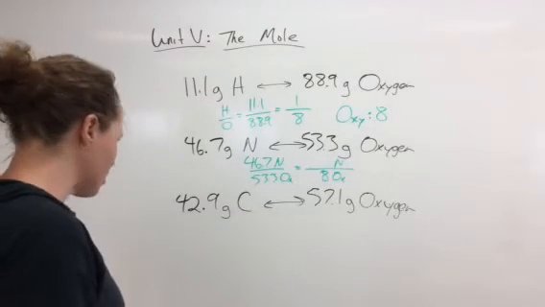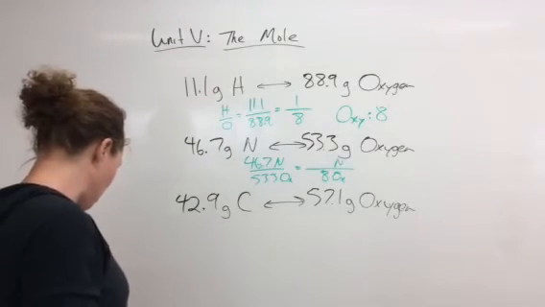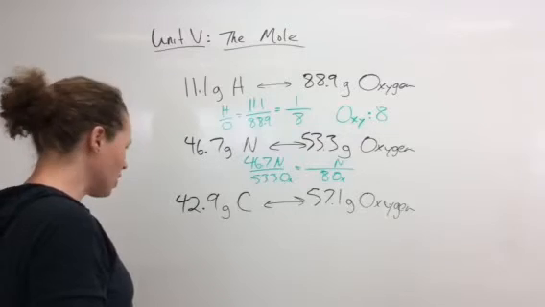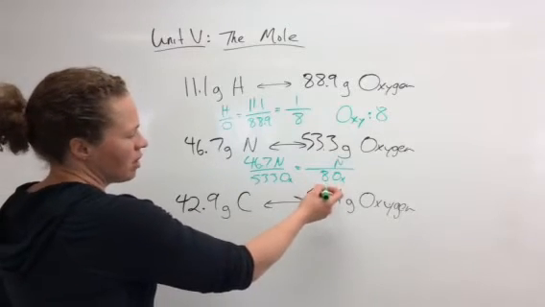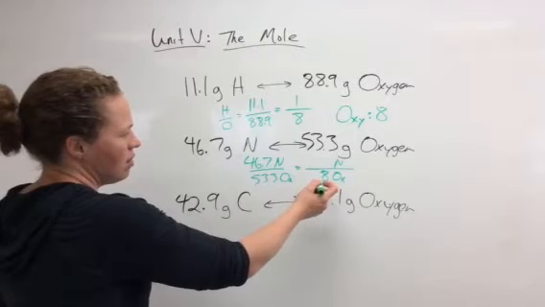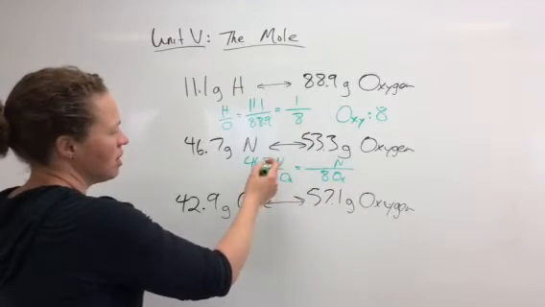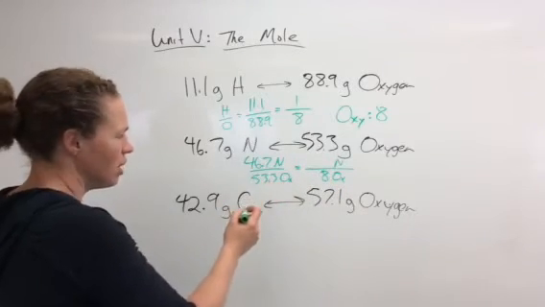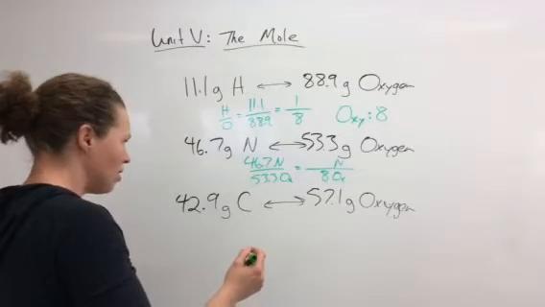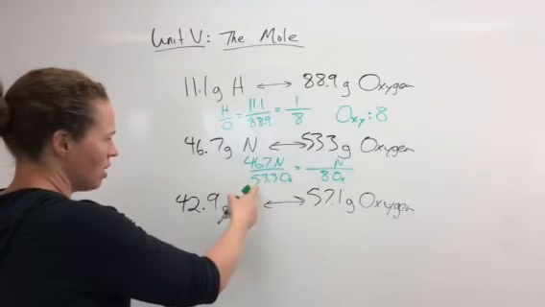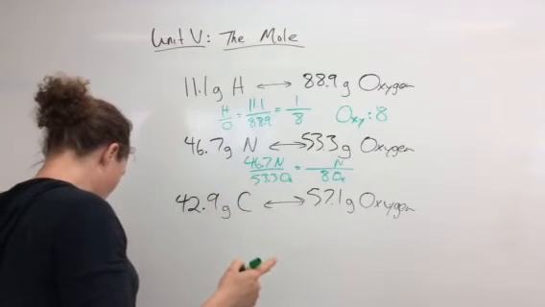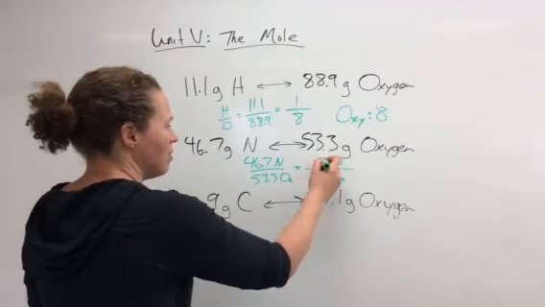If I had my calculator handy, I would be running these numbers. I could go 8 times 46.7 divided by 53.3, and I would get, obviously, a number that's smaller than 8. So I get 7.